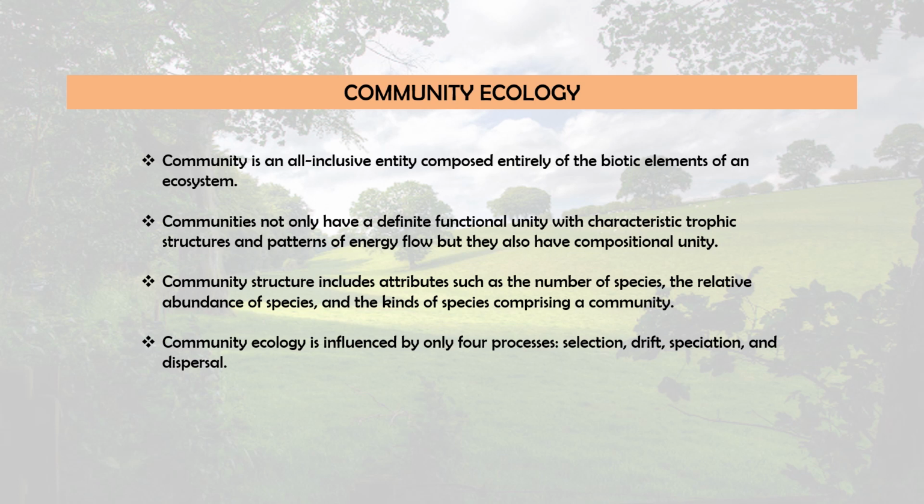So overall, a community can be described as an all-inclusive entity composed entirely of the biotic elements of an ecosystem, and it can have different sizes and boundaries from the biota of the living part of the ecosystem, and they not only have a definite functional unity with characteristic trophic structures and patterns of energy flow, but they also have compositional unity in that there is a certain probability that particular species will occur together.